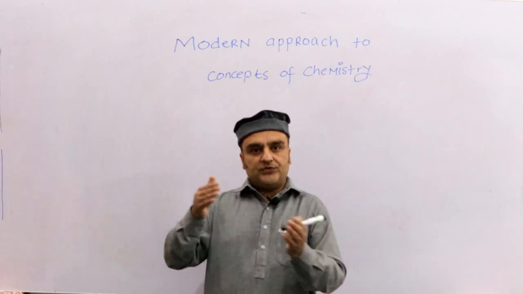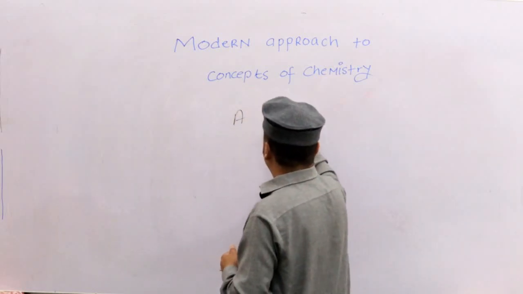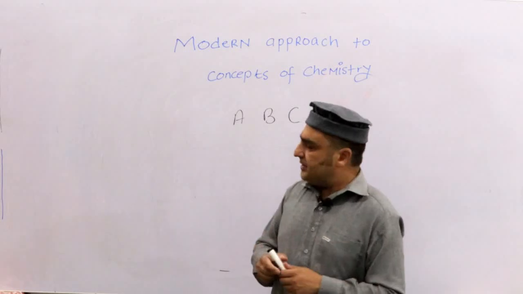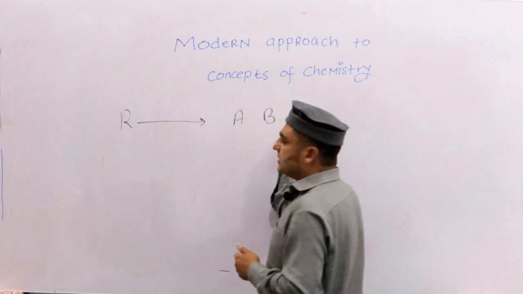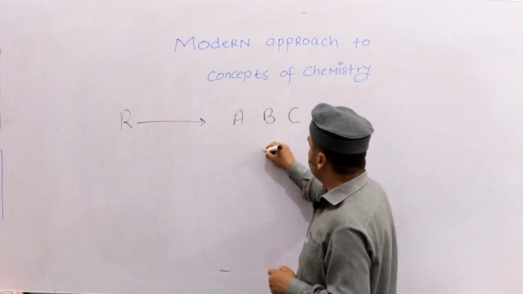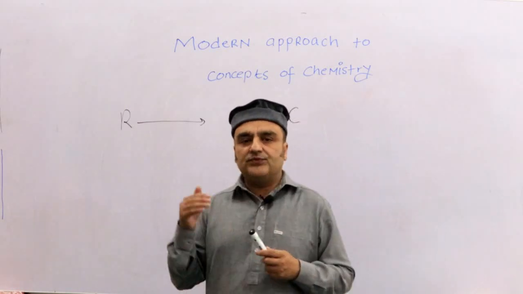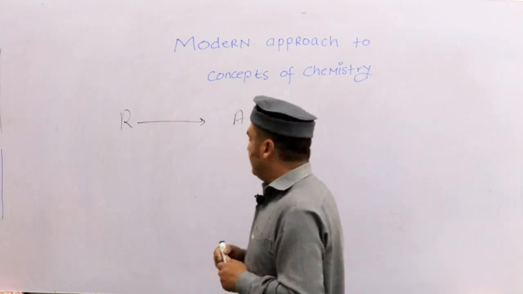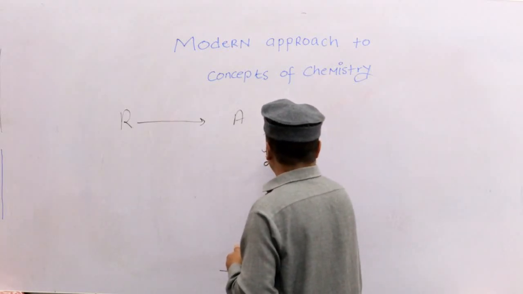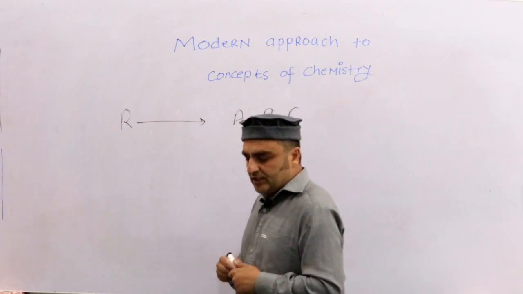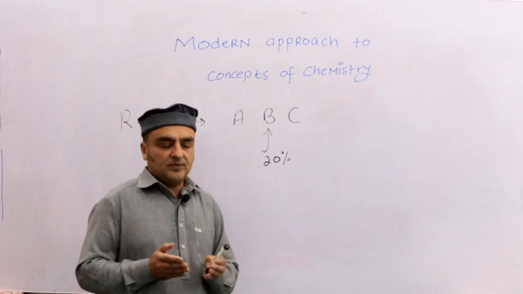Suppose we have three products, A, B, C. Some reaction R gives three products A, B and C, and we just want the product B. But suppose the reaction which we run gives this product in only 20% yield or amount, and we want this product only.